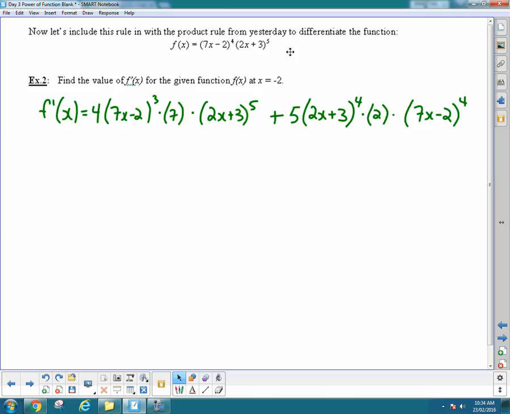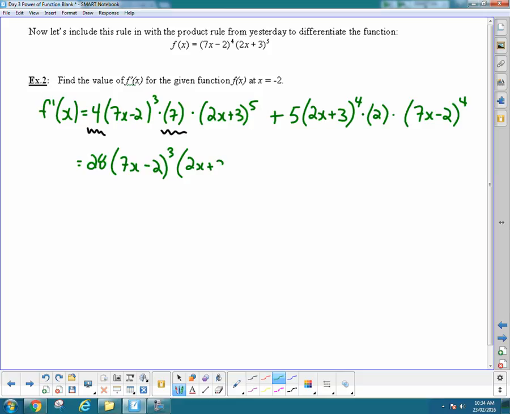Now the rest of this is really just simplifying a little bit. So I see that I've got a 4 times a 7 times this, but this has an exponent 5, so I'm going to ignore that part. I can't really simplify that. I just got the 4 times the 7, and I got 28 times (7x minus 2) to the power of 3, and this is just as is to the power of 5. Those both have exponents. I can't do any better than that.